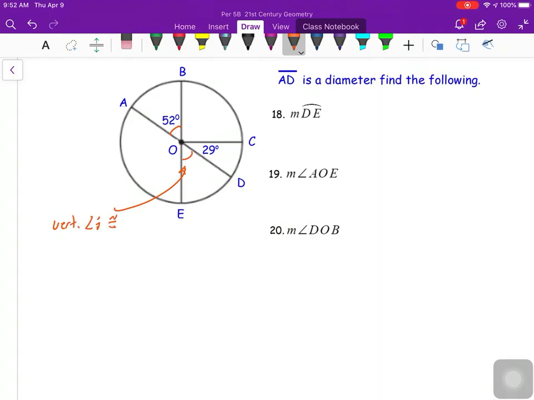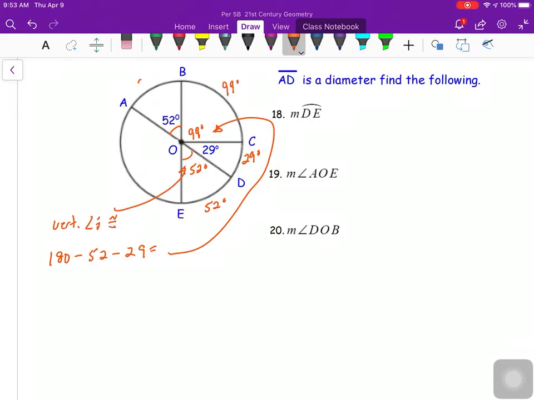Now in this one, again, I think it's best to go ahead and fill in everything that we know. For instance, we have vertical angles. And they're congruent. So this one would be 52 degrees. That means this arc is 52. This arc is 29. I can take 180 minus 52 minus 29.